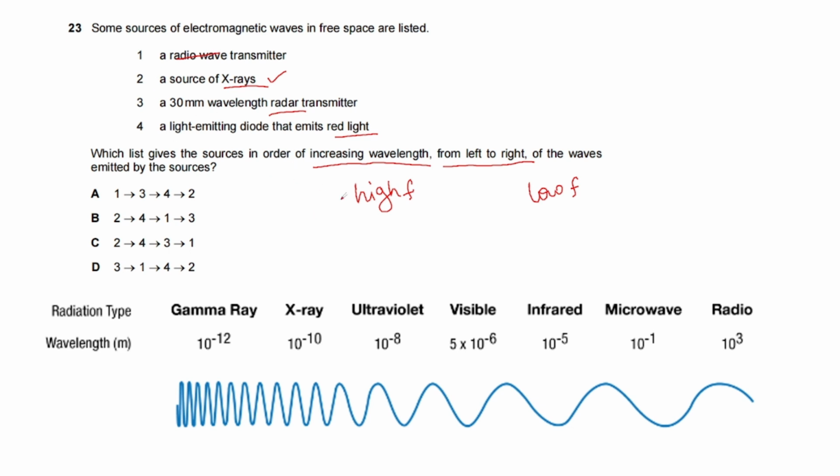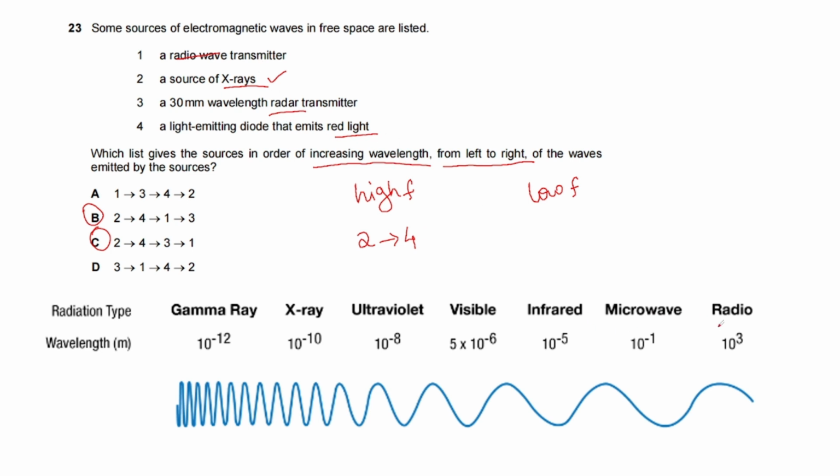So in these four options, the X-rays have the high frequency or the low wavelength, so 2 would be on the left side. So either B or C would be the answer. The next one, do we have ultraviolet? No, but we have visible light, the fourth option, right? So the fourth one will be next, then the more wavelength. And then we have two radio waves, right?